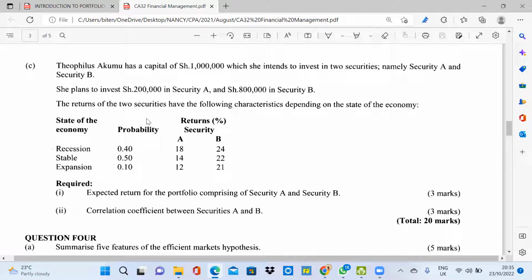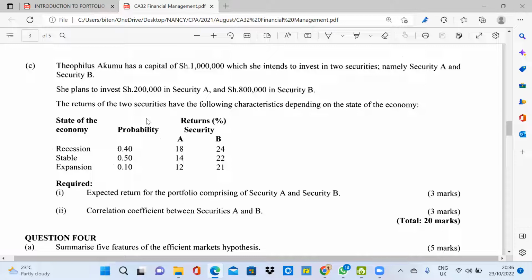So the question reads, Theophilus Akumu has a capital of 1 million, which she intends to invest into securities, namely security A and security B. She plans to invest 200,000 in security A and 800,000 in security B. Once you see that, that one is telling you about the weights of the securities.